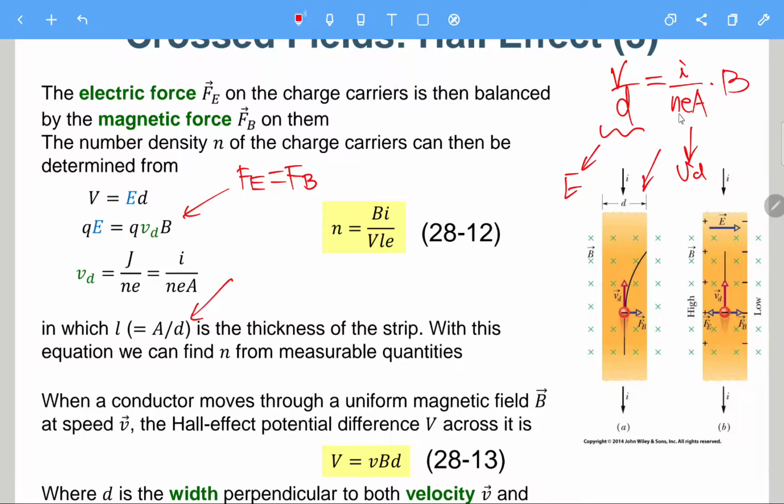And then we also have E and V here, so that we can get this equation.